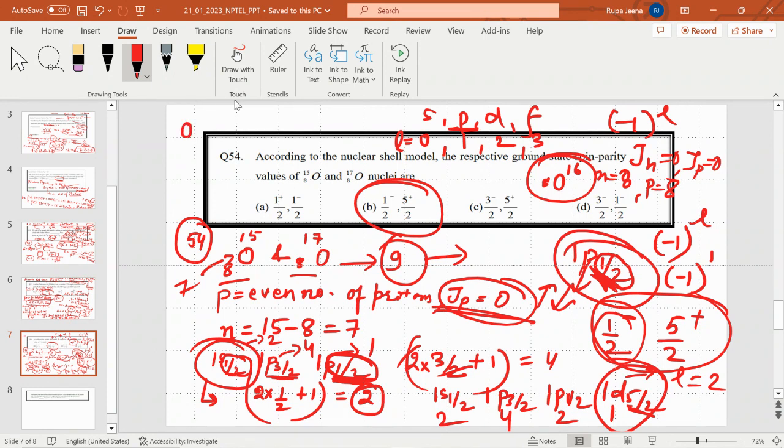For parity, start filling this. This is 8. This will accommodate 2, this will 4, and this will 2. So minus 1 raised to the power L. It is P, so 1. So 0 minus. Got it?